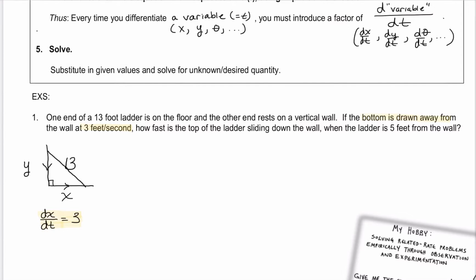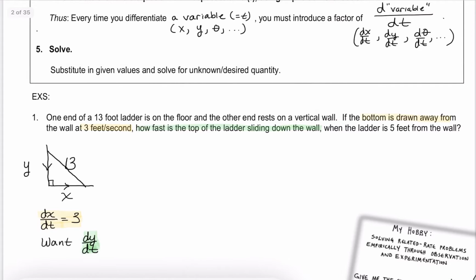We are looking for, so let's change my highlighter here. Okay, so what do I want to know? I want to find how fast the ladder is sliding down. So that is our speed of y. How fast the top is sliding down, that is our dy dt.